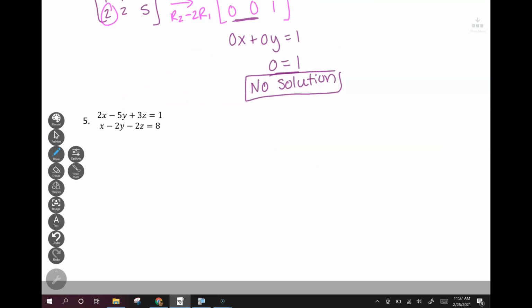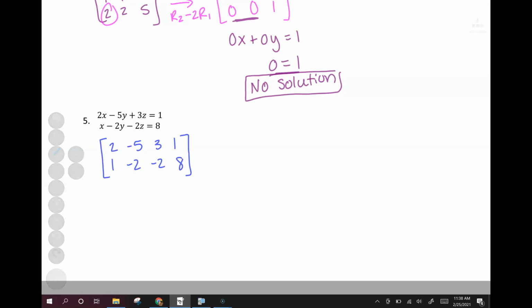All right, number 5. Let's write this one in matrix form. Now remember from when we solved systems of 3 equations with 3 variables by hand without using matrices, if we had fewer equations than we have variables, aka we have 2 equations but 3 variables, this is going to be dependent.